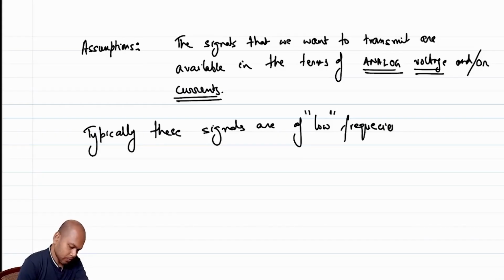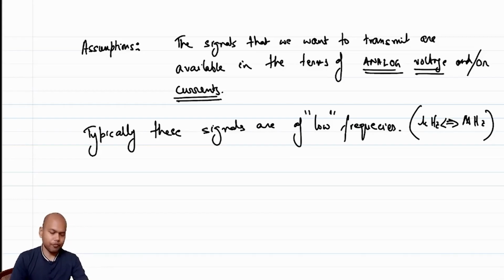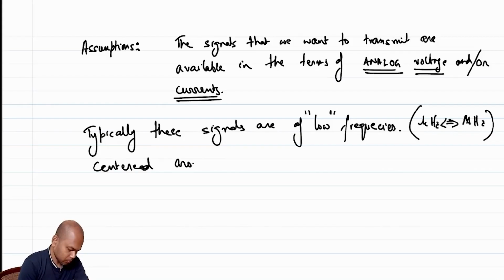Low frequencies. And if I say it ranges from kilohertz to few megahertz, right? Maybe tens of megahertz, right? So typically these signals are of low frequencies, and I can simply say also centered around omega equal to 0.